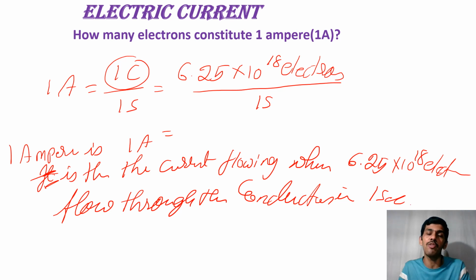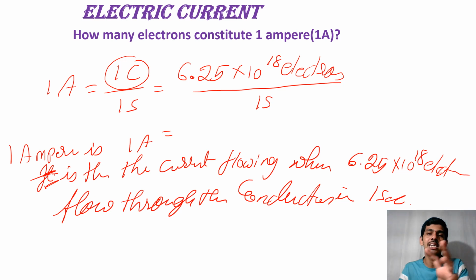That is one more definition of 1 ampere. Sometimes they may also ask you how many electrons constitute 1 ampere. So that is equal to 6.25 into 10 to the power of 18 electrons. That many electrons should pass through the conductor in 1 second. Then the current flowing through the conductor is said to be 1 ampere.